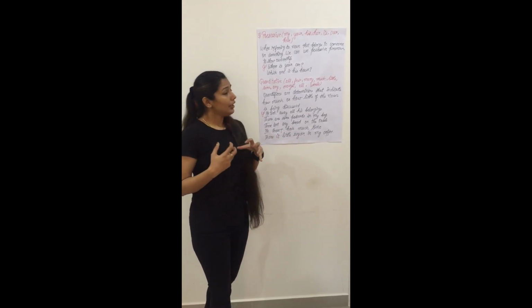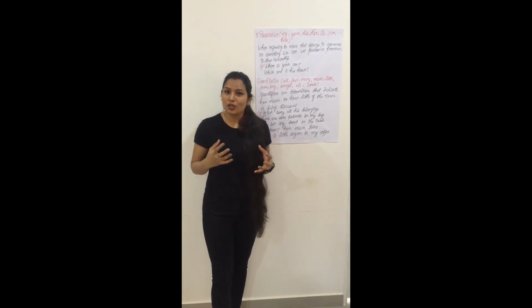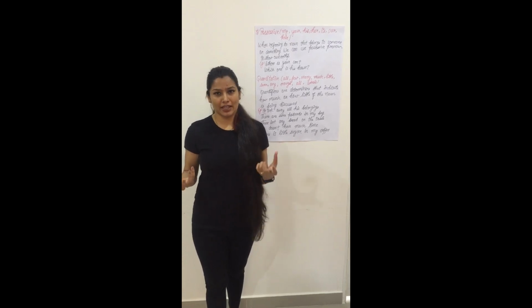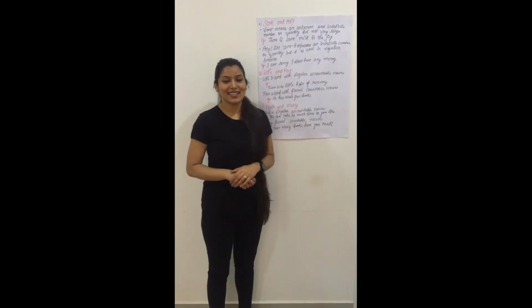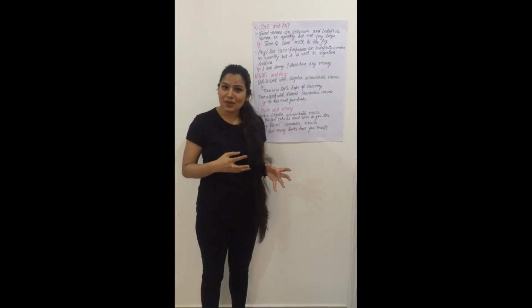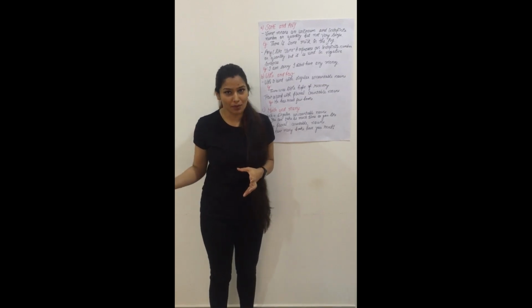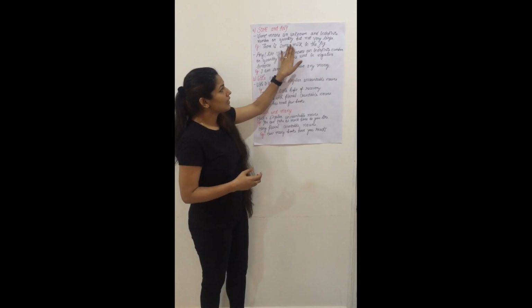So now we have come to know what quantitative determiners are. So now let's discuss a few quantitative determiners like some and any, little and few, much and many. Some and any. Some means an indefinite or unknown quantity or number, but not very large. For example, there is some milk in the jug.